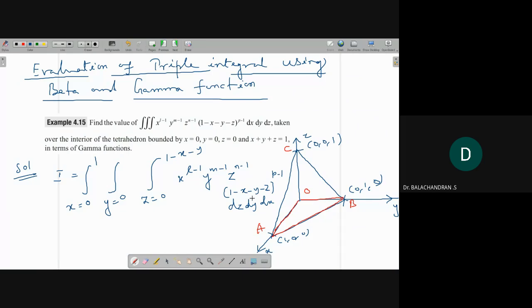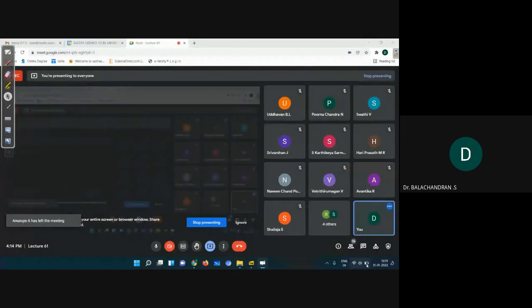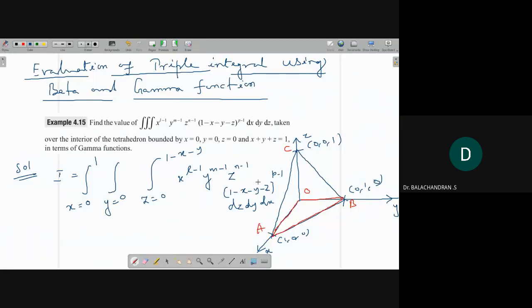Now, if you integrate with respect to z, x and y are constant.